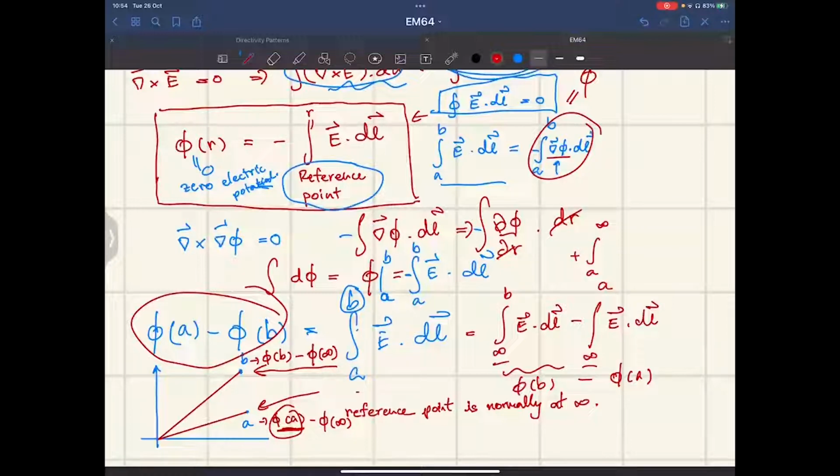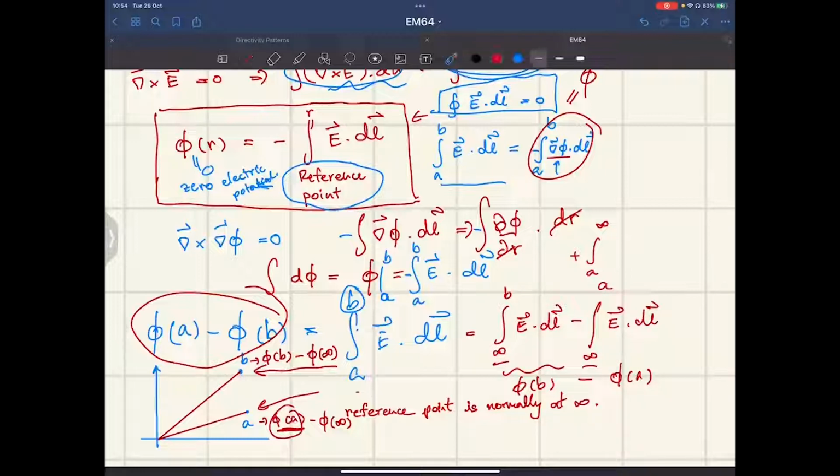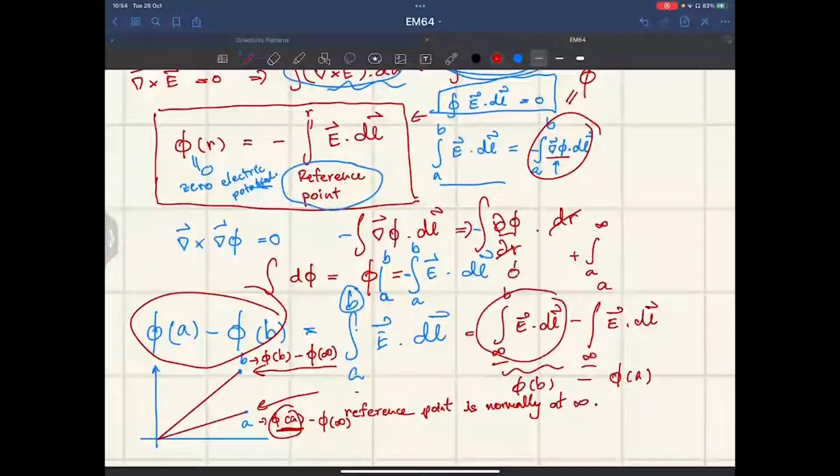This one here. This one is phi B, right? This one is basically phi A here. And you have a negative sign. This one is phi B. This one is phi A here.